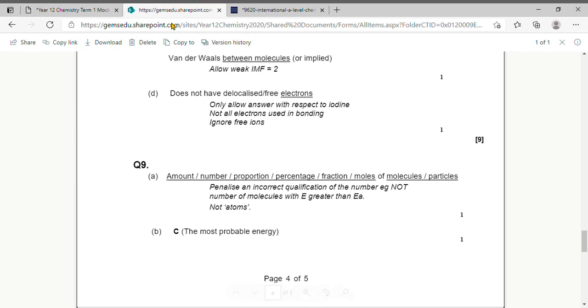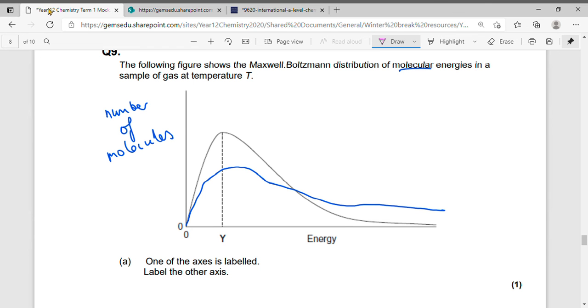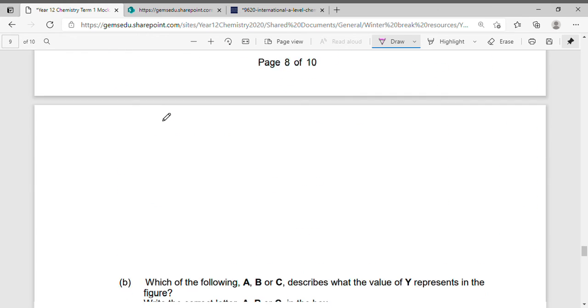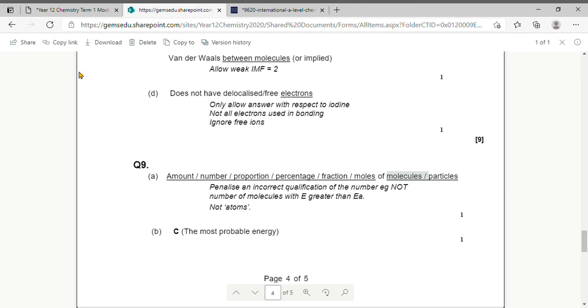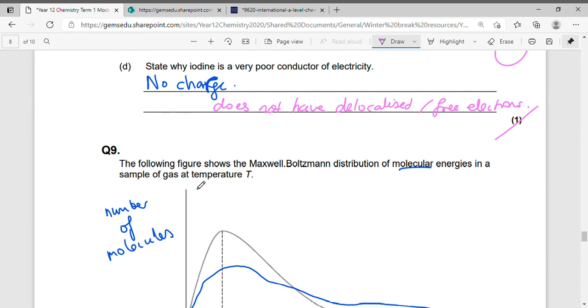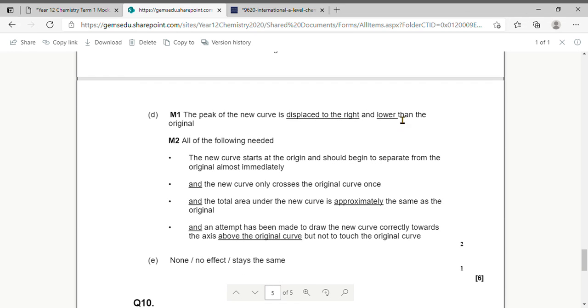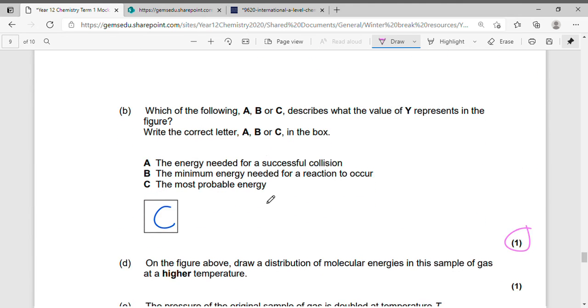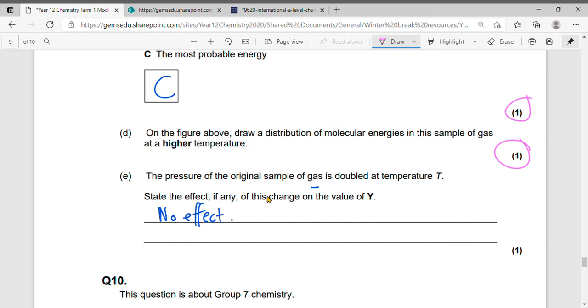Let's carry on. Question 9. Well, number of molecules. Look at that one. Alright. C, yes. Excellent. So we got that mark as well.